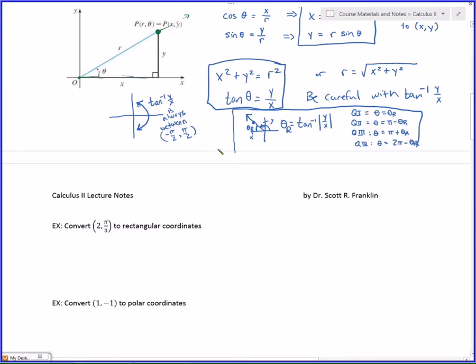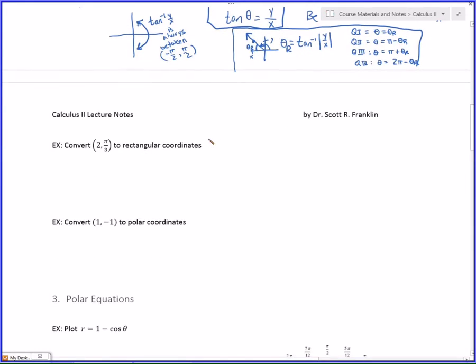All right, so let's do an easy one, and then we'll do the other one. Let's convert from polar to rectangular. So this is r, and this is theta.